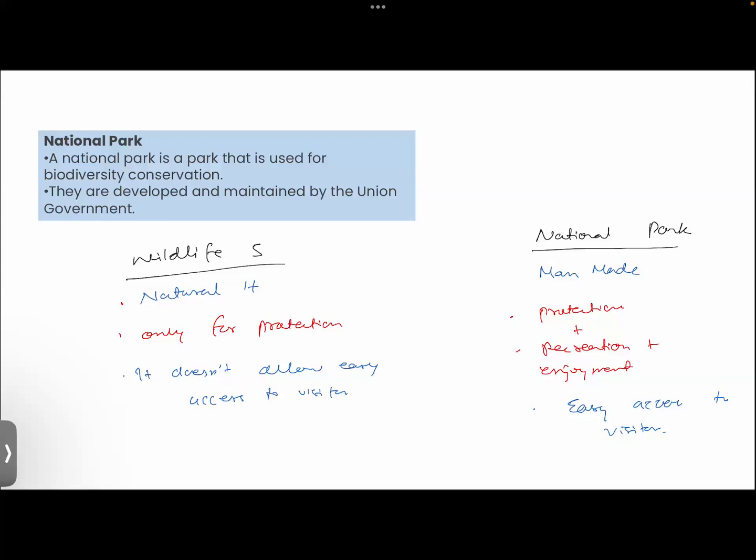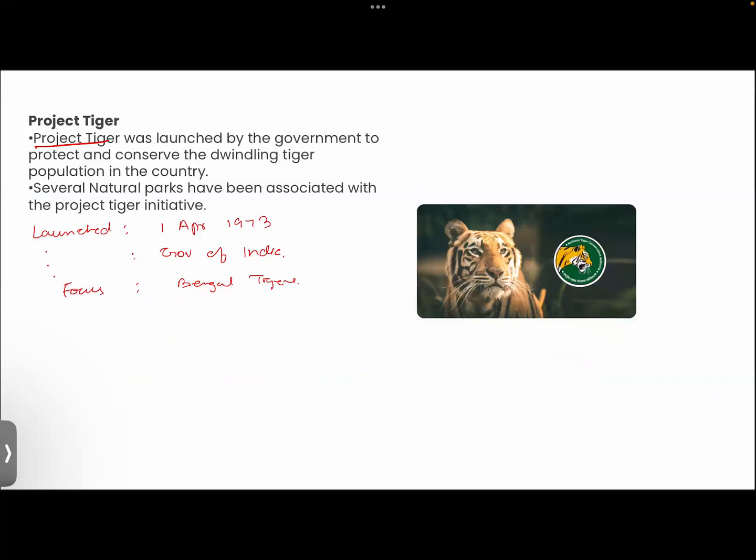Done? Okay. So we were talking about tigers now. Tiger is one of the many wildlife species which are slowly disappearing from our forests, because of poaching, because of illegal hunting of the animal. We talked about one tiger reserve in India, the Satpura Tiger Reserve in the Satpura National Park.